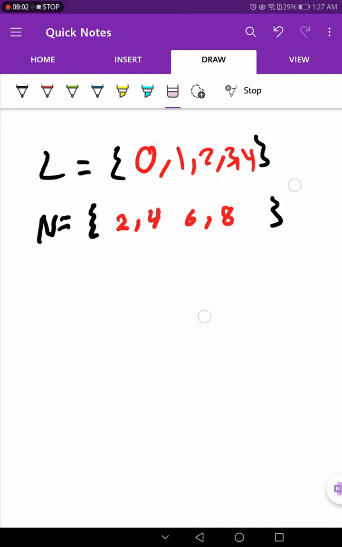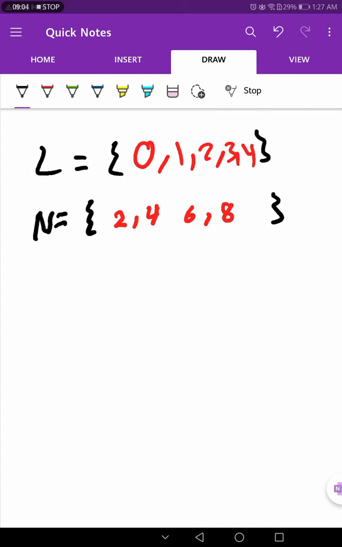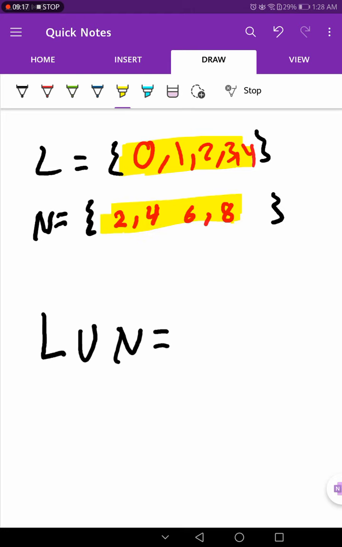Okay, so if you ask me L union N, what do I have to do? I have to put those elements with these elements. I have to put them in one group, all of them, without repeating.